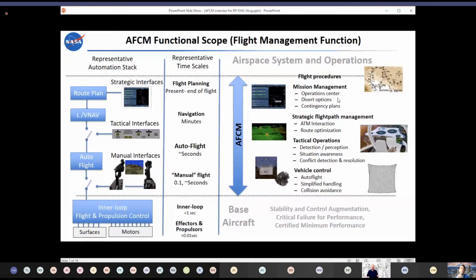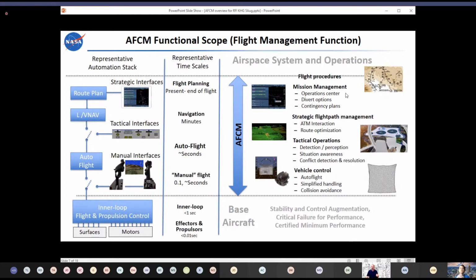Along with that, the vehicle needs to be keeping aware of possible divert options in the event of the nominal destination becoming unavailable, as well as contingency plans that would be enacted should particular vehicle failures occur.